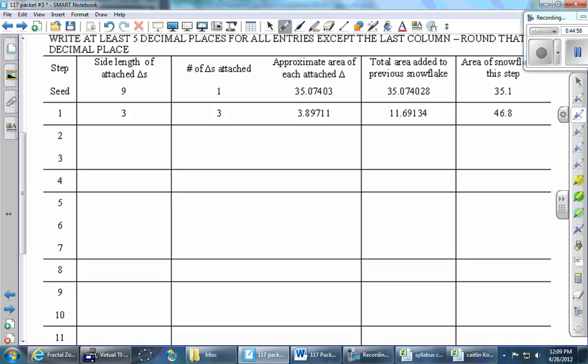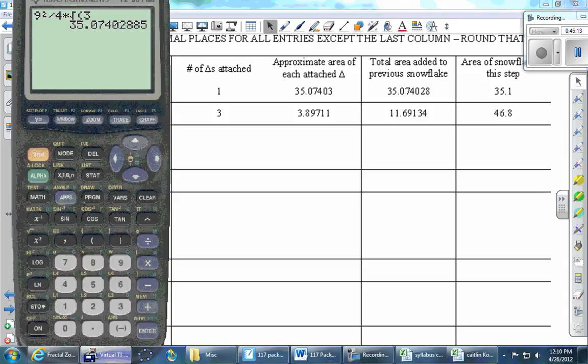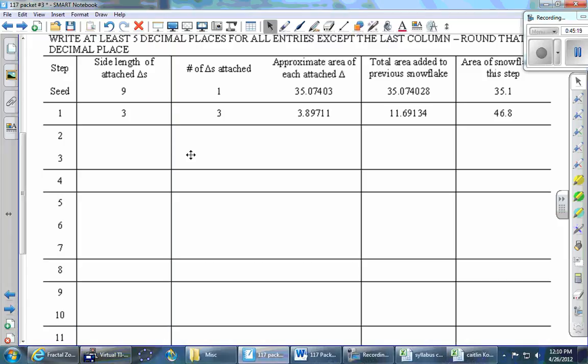And how many triangles are there originally before you draw anything new? Just the one, right? We just start with a single triangle. So there's one triangle. And then that 35.07, does that look familiar? That's the number that I just found on the calculator, the area of the single triangle where the sides are 9s. So we had to use that fancy formula to get the 35.